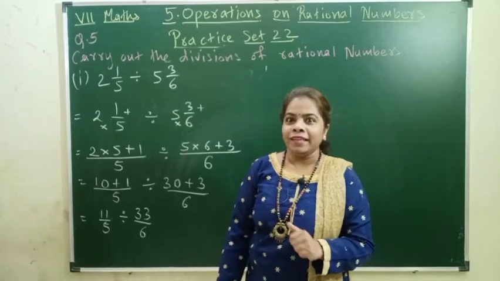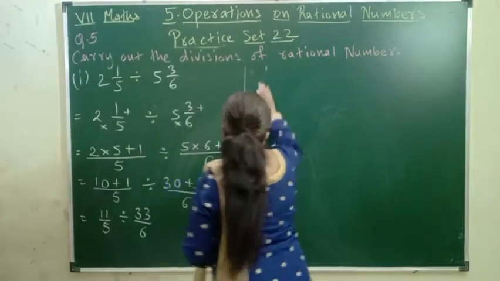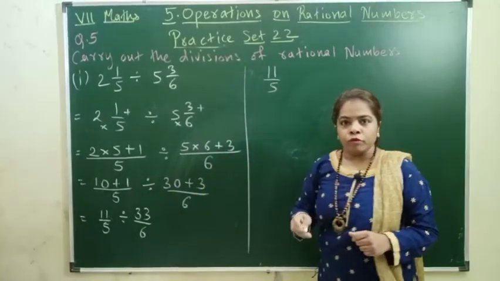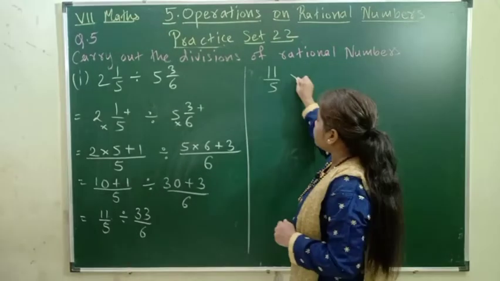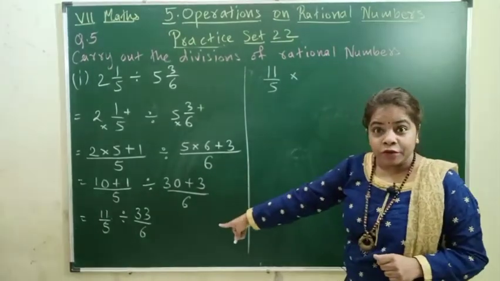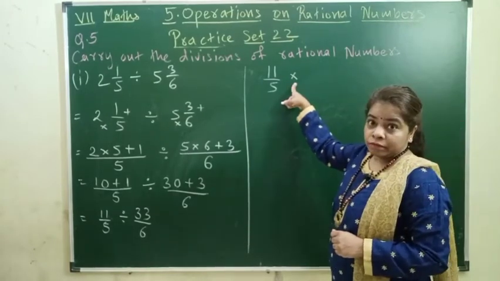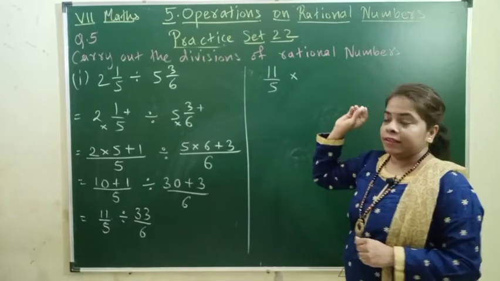Let us solve it in our normal way now. 11 upon 5, division will change to multiplication. So I will reverse the second fraction now, children, because I have reversed the sign. So I will reverse the fraction also: 6 upon 33.